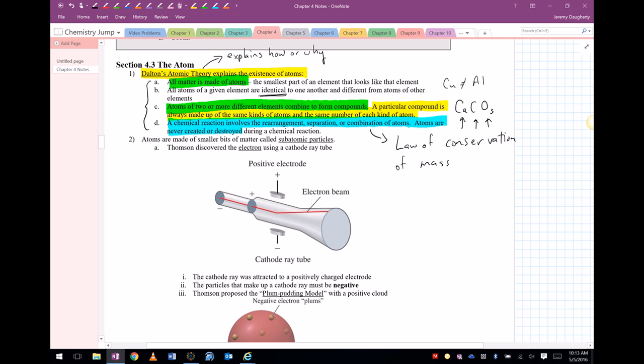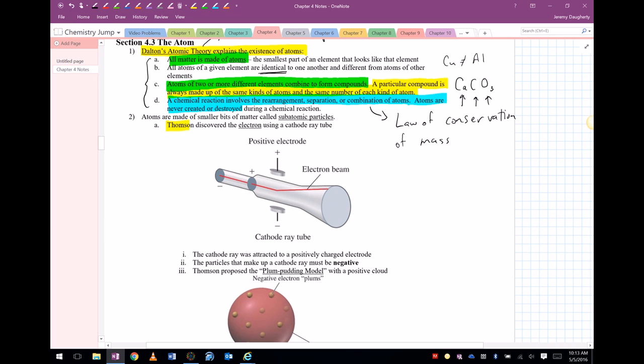A little bit later on, a guy named J.J. Thomson discovered the electron. And he did this by using a cathode ray tube. So what he did, and again, you can look up experiments of this. There are actual videos of cathode ray tubes. He had a tube, and in that tube, he took out all or most of the gas. So he evacuated the tube.